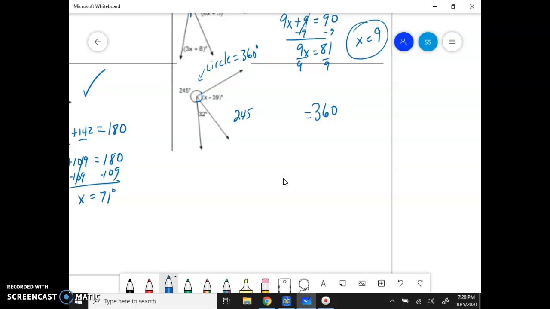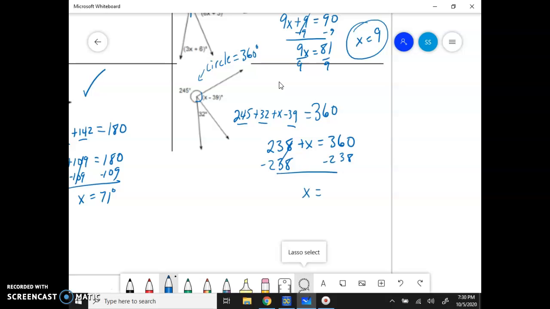So 245 plus 32 plus x minus 39, and I just combine my like terms here. 245 plus 32 minus 39 equals 238, plus x is equal to 360, and now I just subtract 238 on both sides, and I'm left with x is equal to 122.